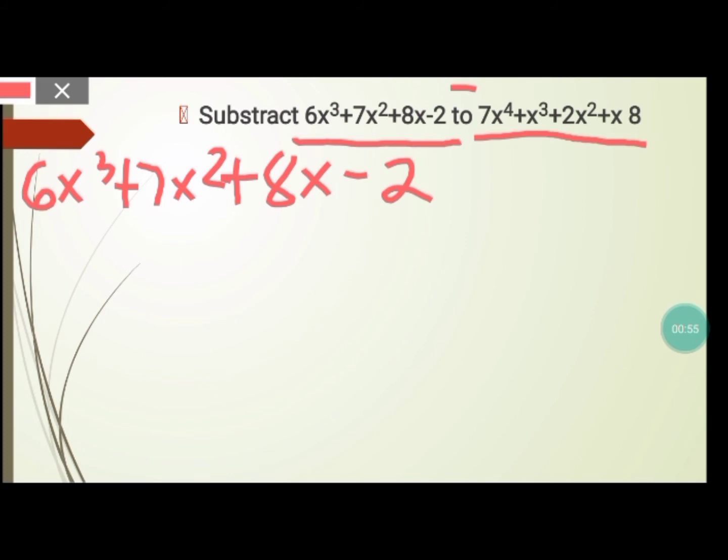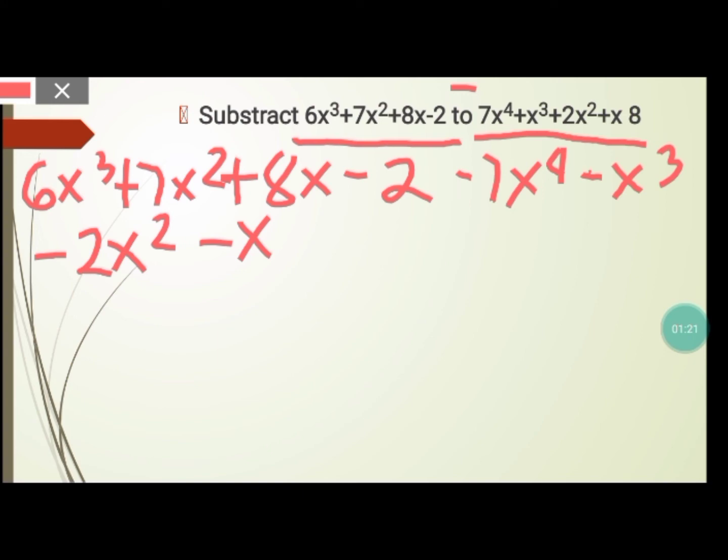Then we distribute the negative sign: negative 7x raised to 4, negative x cubed, minus 2x squared, minus x, minus 8.